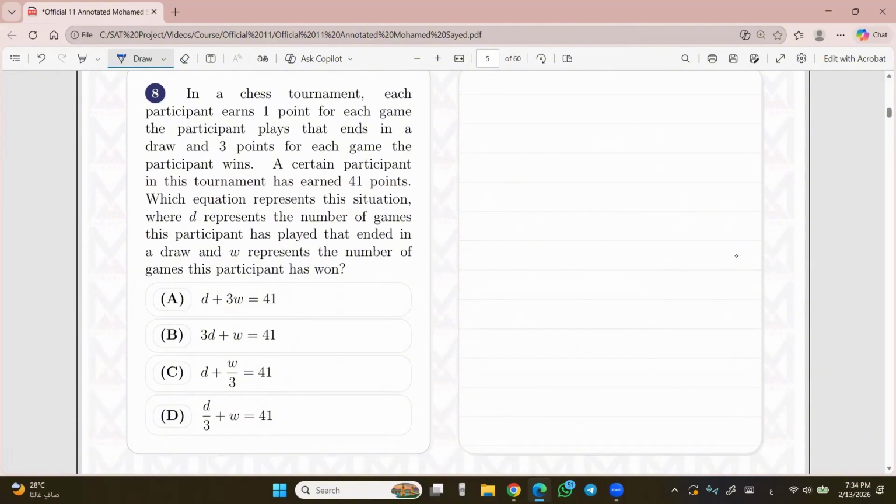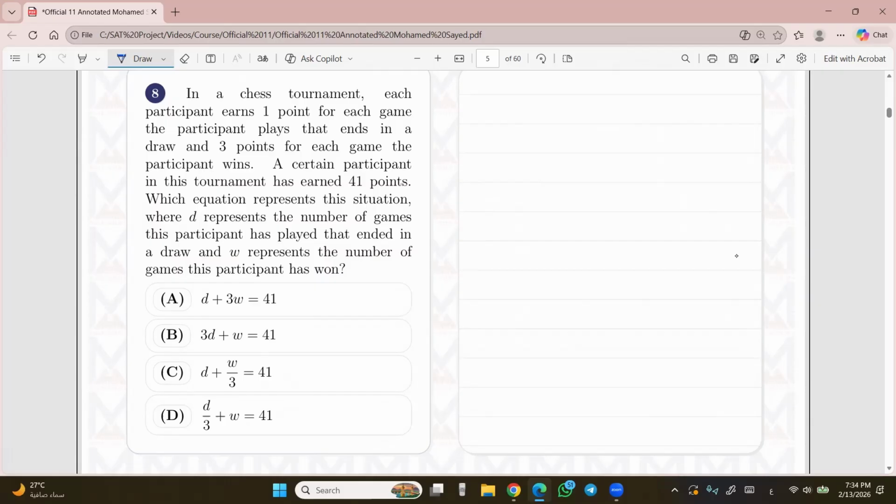Question 8, in a class tournament, each participant earns 1 point for each game the participant plays and ends in a draw, and 3 points for each game the participant wins. This is like the football game.